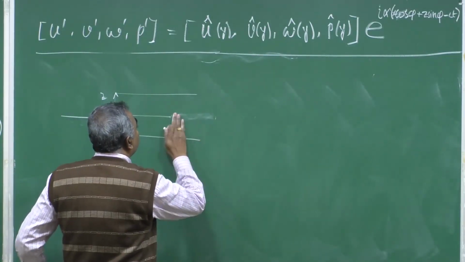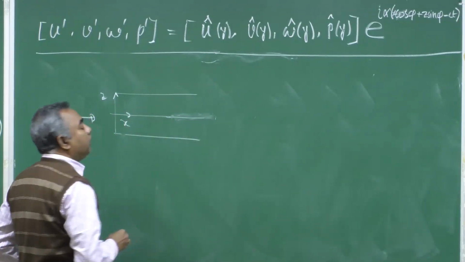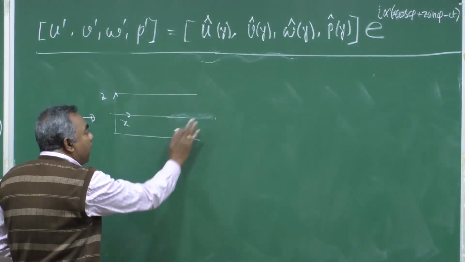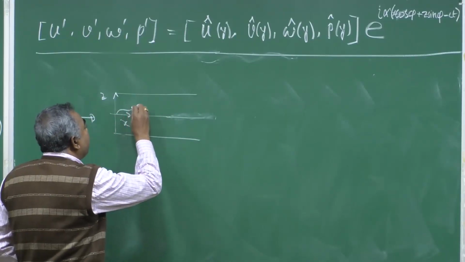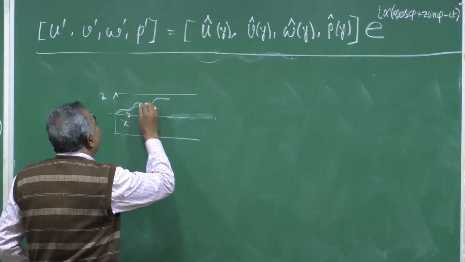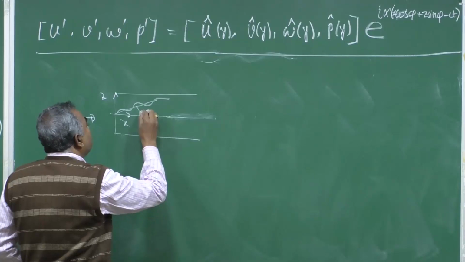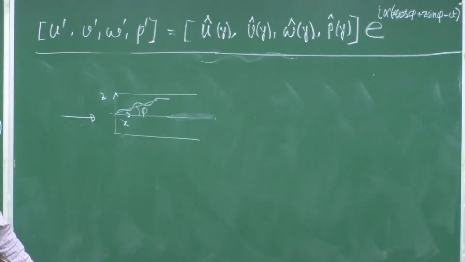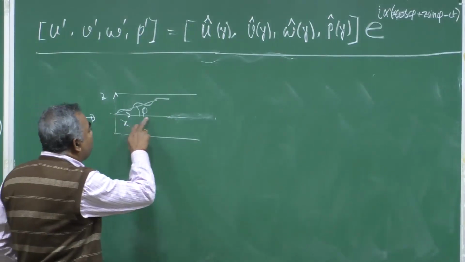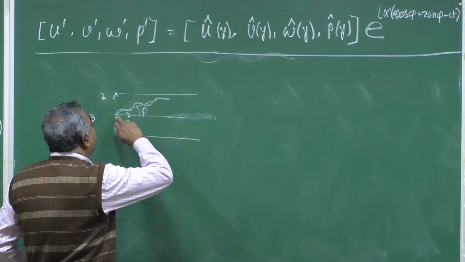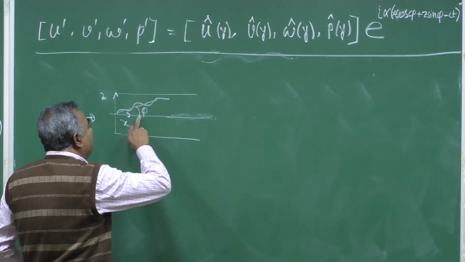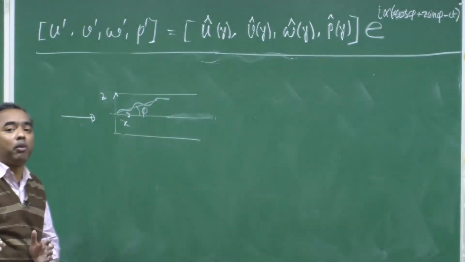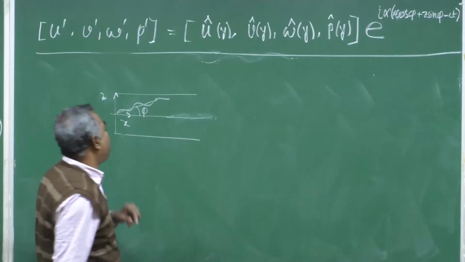Instead, we are considering the most general form, where in this particular plane the wave is propagating at some angle phi to the x axis, not along this line. That is the most general form of the disturbance, which is why this particular part has come.